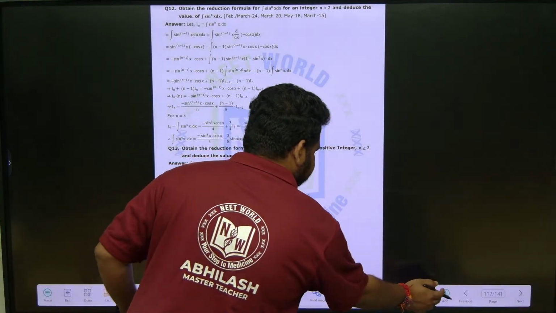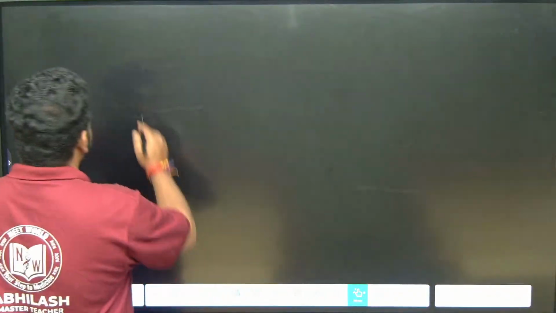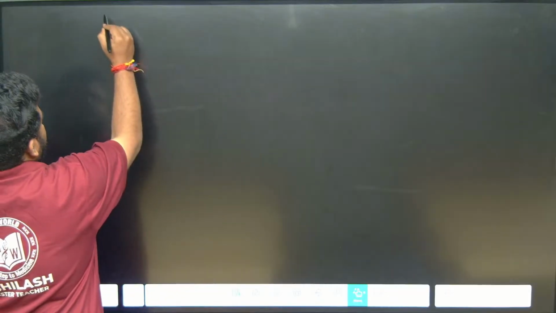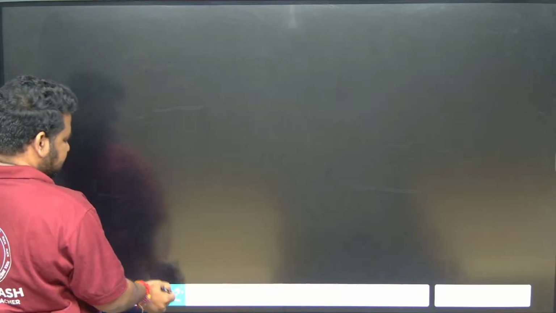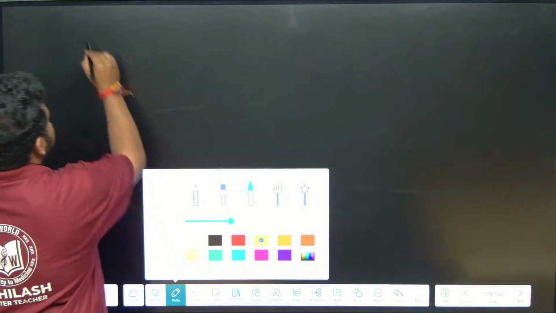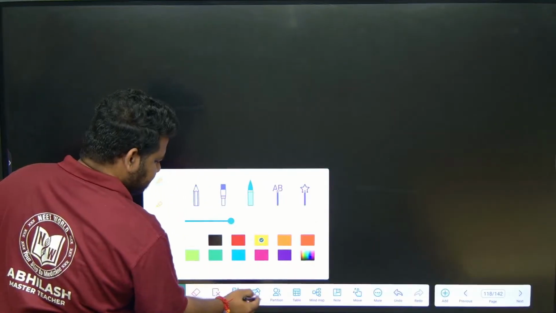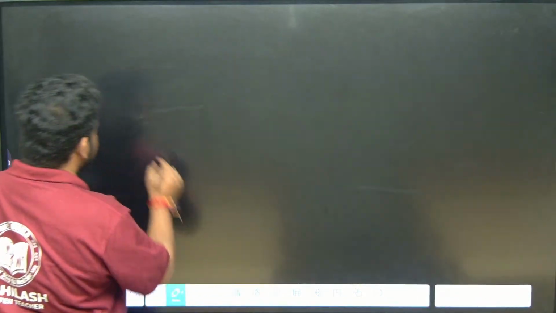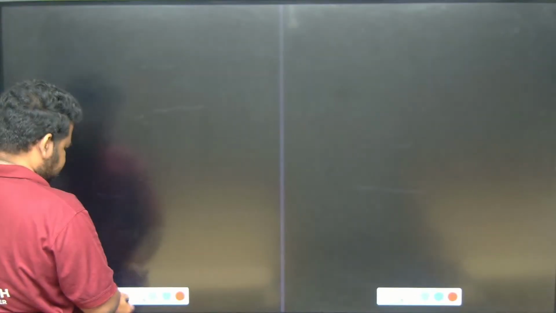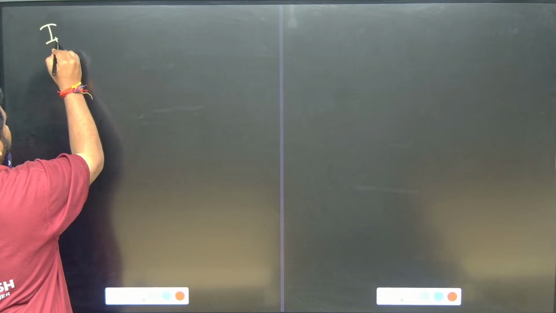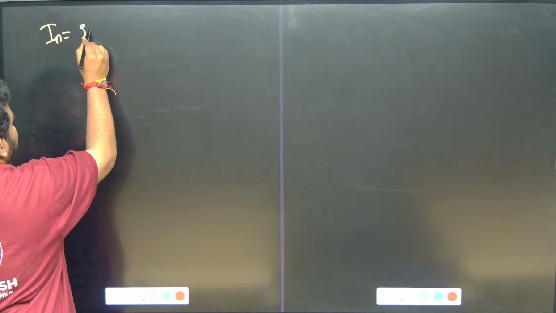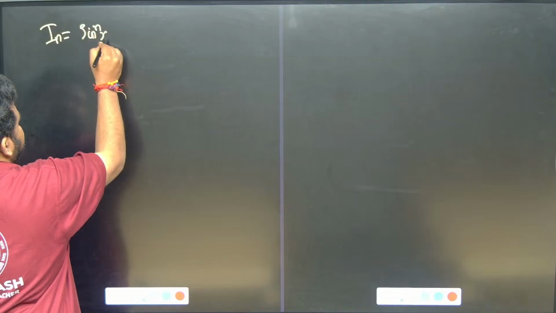First they are asking us to find the reduction formula for sin nx. So see here, friends, we have to find for sin nx. So I of n is equal to integral of sin nx dx.